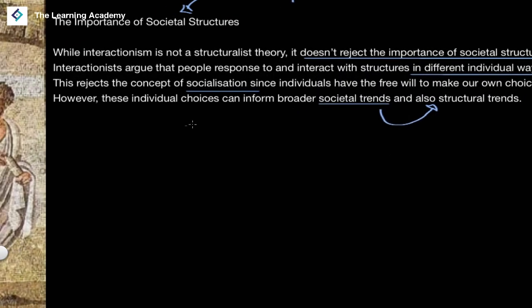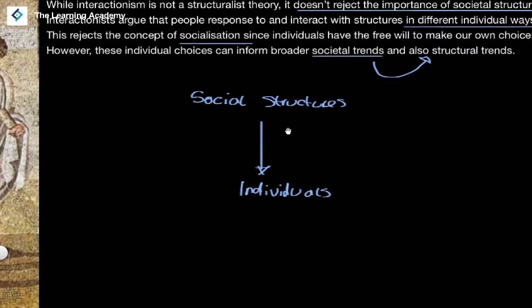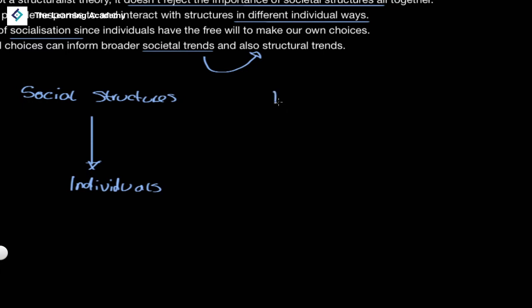So rather than having a situation where we have social structures influencing individuals and shaping how individuals look at the world and look at society, interactionists argue that individuals will shape and view social structures.